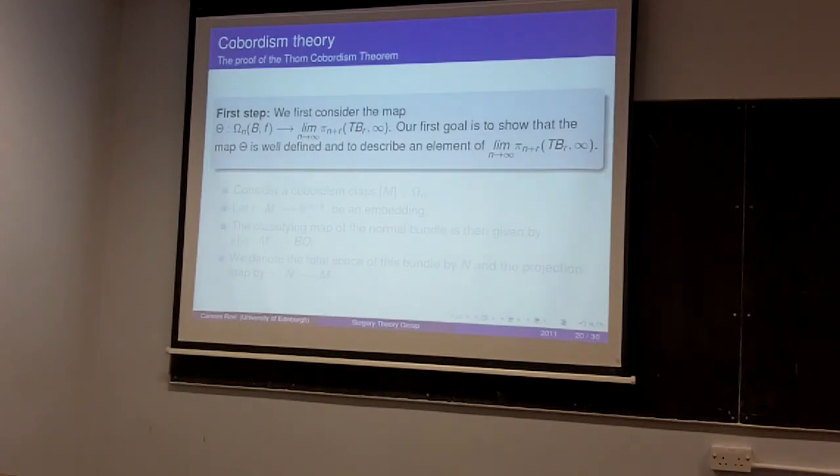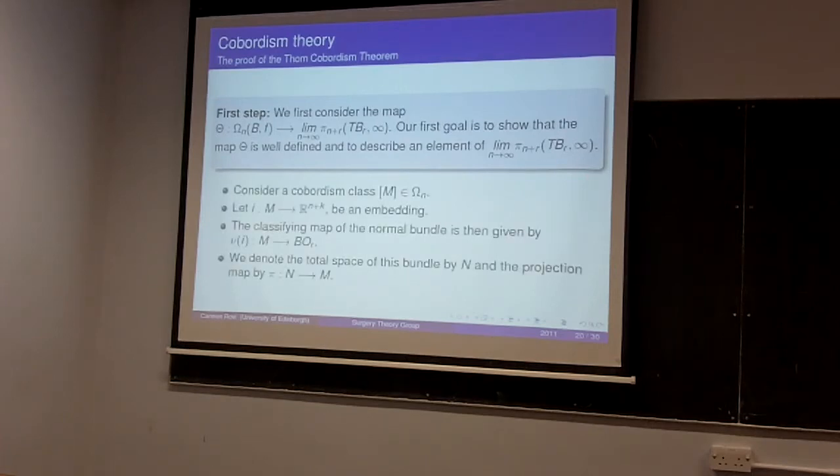First of all, we want to show that the map is well defined, and we need to describe an element in here. So we first consider a cobordism class in the cobordism group, denoted by M in brackets. That's the usual notation for a cobordism class. Then we let i be an embedding of the manifold: we choose a manifold M and embed it in R^(n+k).